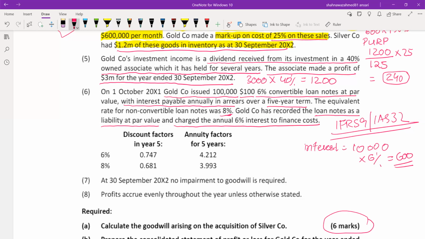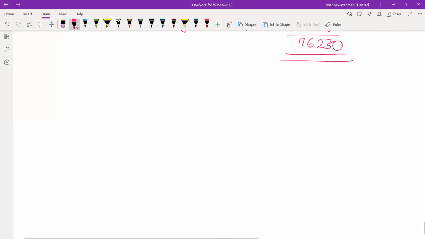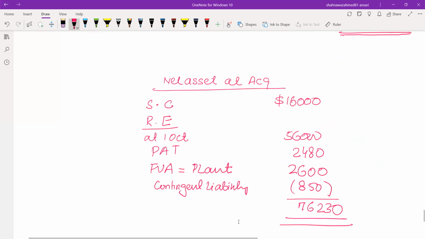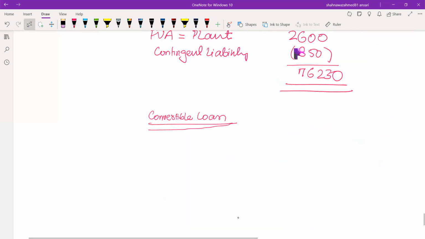Now, in order to calculate it correctly, first we need to identify the liability component and the equity component. So let's do this. Convertible loan, split accounting. We have to identify the liability component first. So what is the liability component? It's the present value of future cash flows.